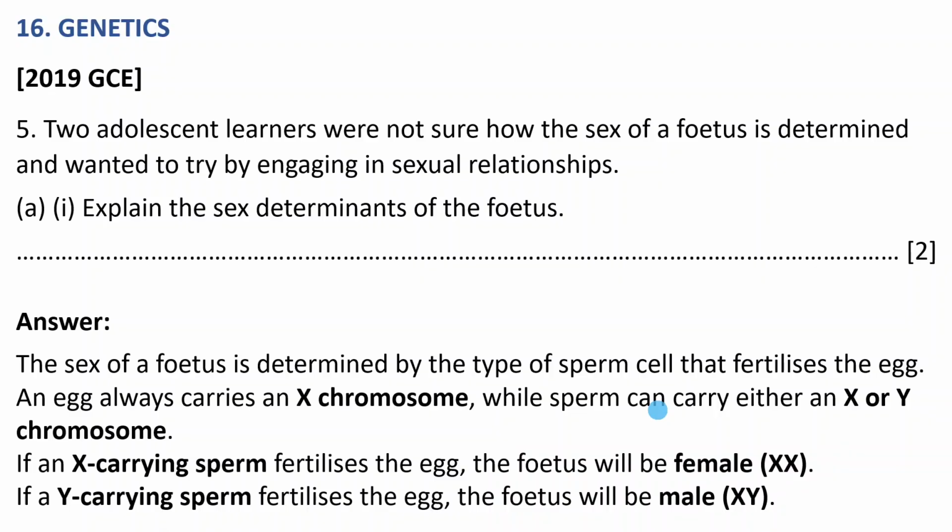I mean the sex cells for female are XX and for male are XY. So if an X carrying sperm fertilizes the egg, the fetus will be female. If a Y carrying sperm fertilizes the egg, the fetus will be male, XY.